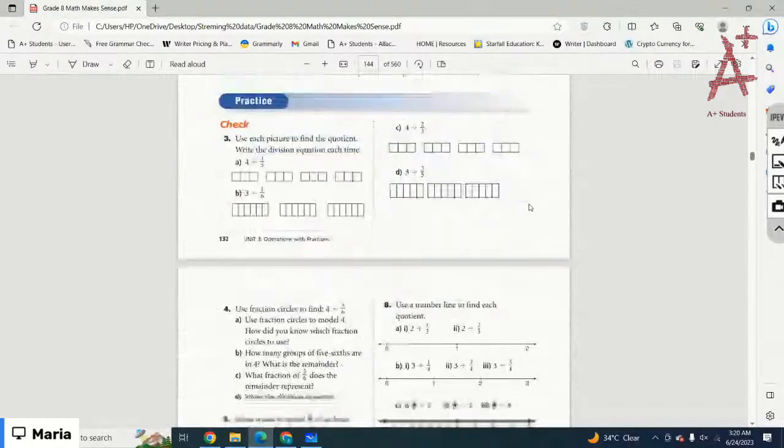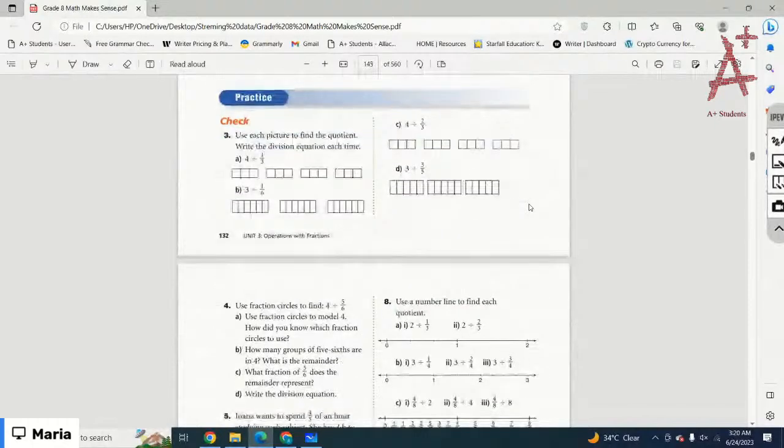Let's start with use each picture to find the quotient, write the division equation each time.